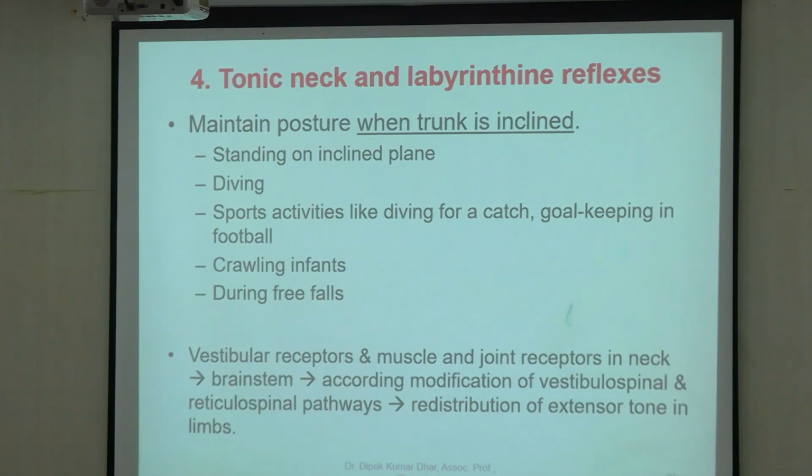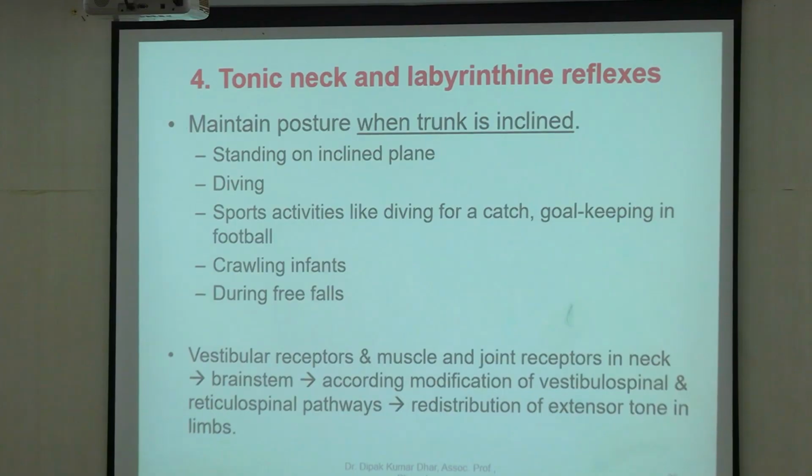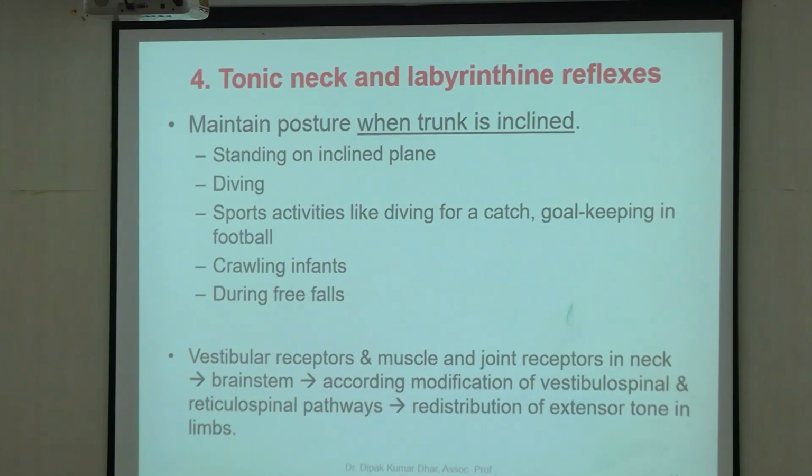And how do they start acting? What is the mechanism of action? The vestibular receptors in the inner ear, and receptors which detect position in the muscles and joints of the back and the neck. From all of these places, information is relayed to the brainstem, where it is processed, and accordingly the posture needs to be corrected.